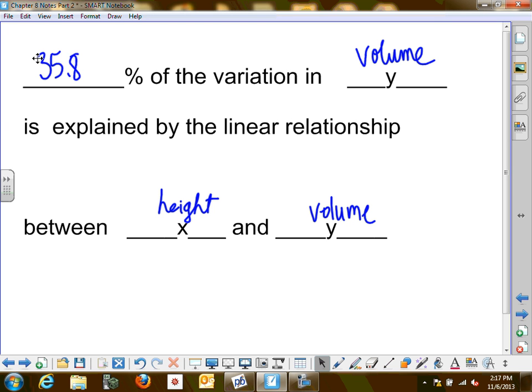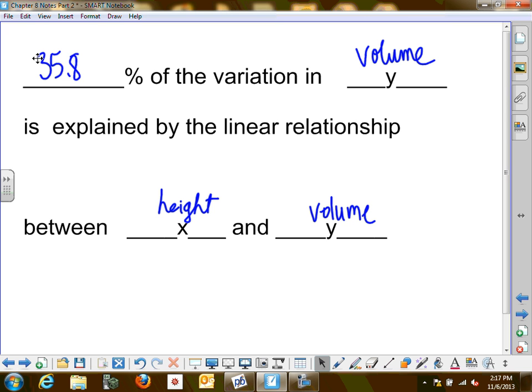Is this like a predicted percent? It's approximated, and it comes from a formula which is used from r squared. I will talk later today about exactly where that notion of r comes from, so you can have an understanding of how this r squared comes about.